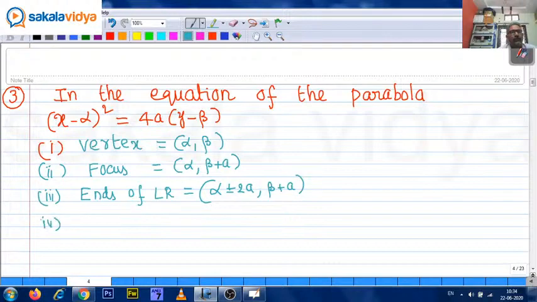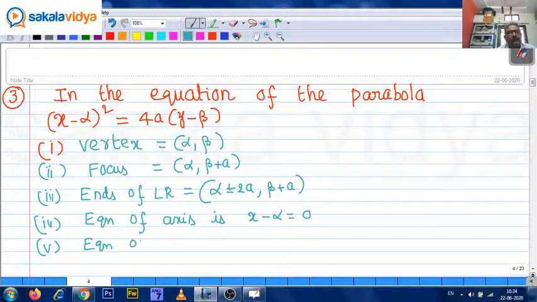Fourth, equation of axis. Equation of axis means the square term is equated to 0. Square term is equated to 0. That means x minus alpha is equal to 0. Fifth point, equation of the directrix.